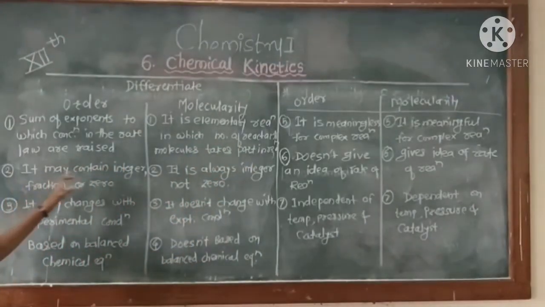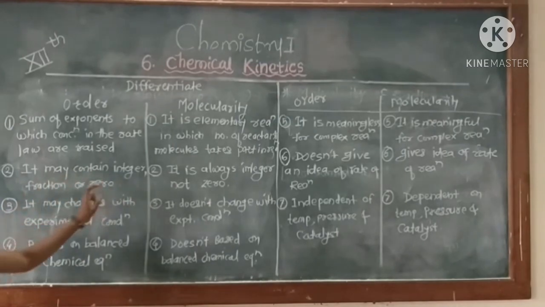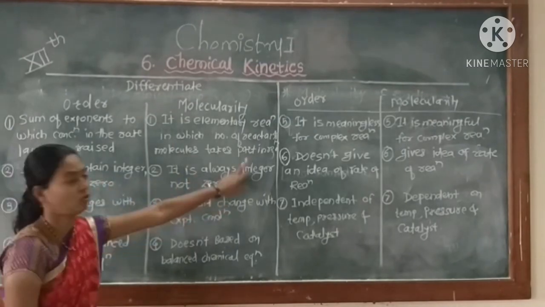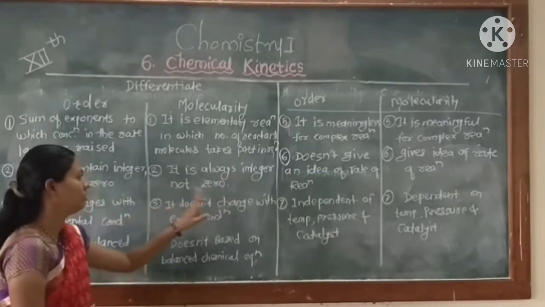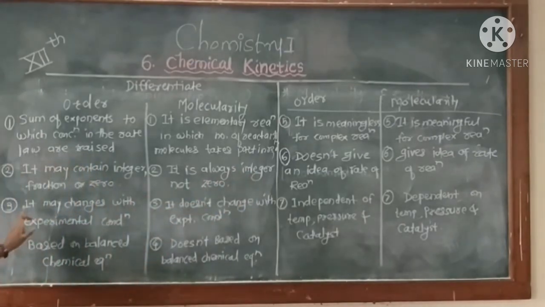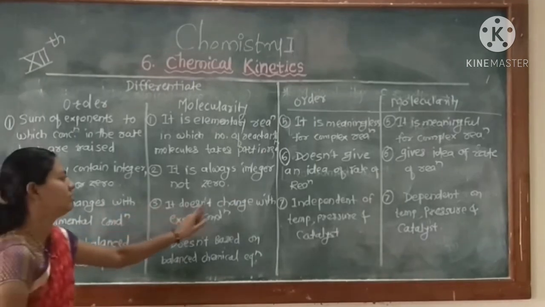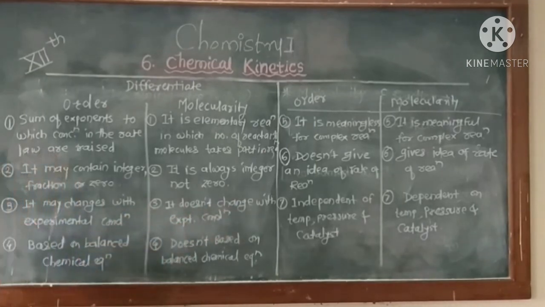The second point is that order may be an integer, fraction or zero, and molecularity is always only an integer, not zero. The third point is that order may change with experimental condition, and molecularity does not change with experimental condition.